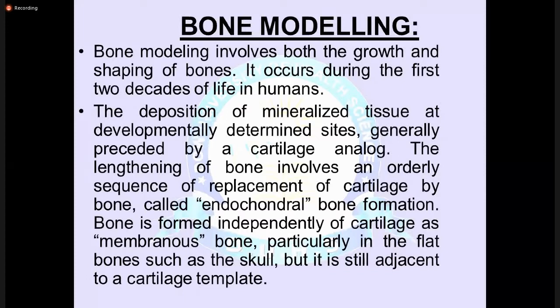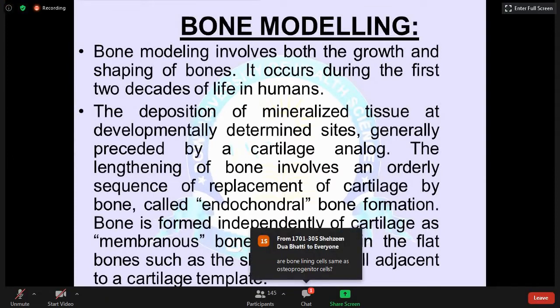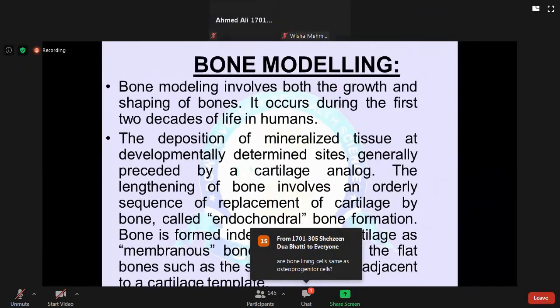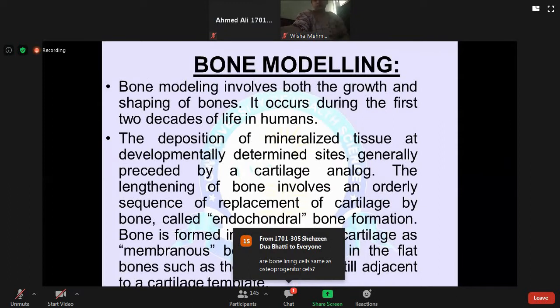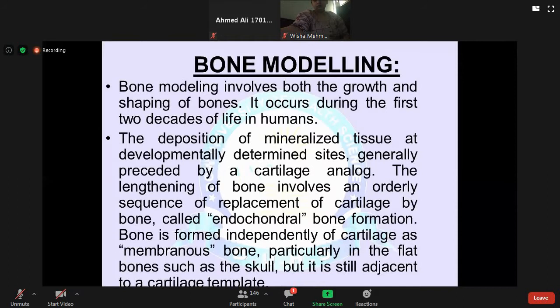It occurs during the first 2 decades of life in humans. So bone modeling is basically concerned with bone growth. Bone growth comprises ossification and calcification. And what is ossification? The conversion of cartilage into bone is called ossification. You very well know that at the time of birth, the skeleton consists of 50% cartilage and 50% bone.